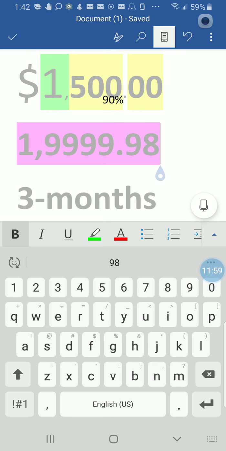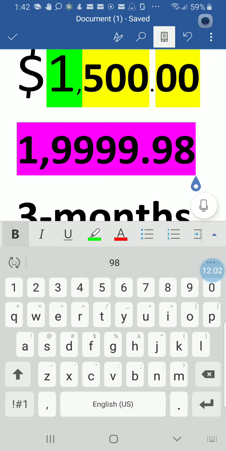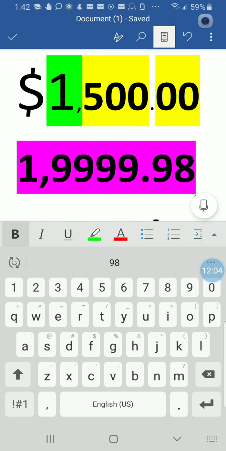Talking about 1500.00 right there, the 1 seems to be bigger compared to the 5.